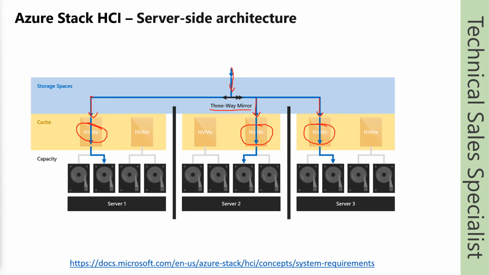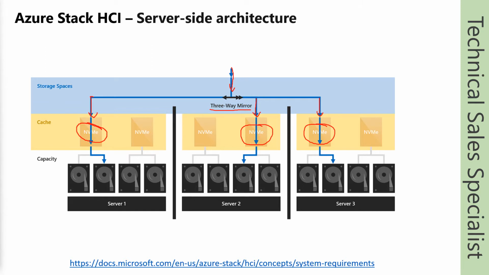So these slabs or extents are distributed across the servers to increase performance and to provide the redundancy we expect and we require in our configuration. We will see more information about the redundancy later.